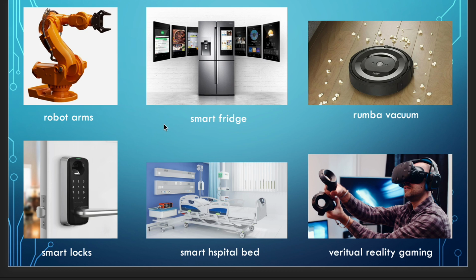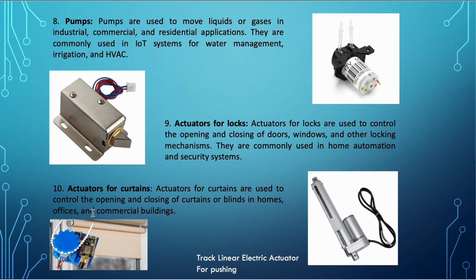So what are the sensors here? We have capacitive buttons to press the password, or we have a fingerprint sensor. Inside it there will be an actuator for unlocking the door. So this would be the actuator part of this IoT device.